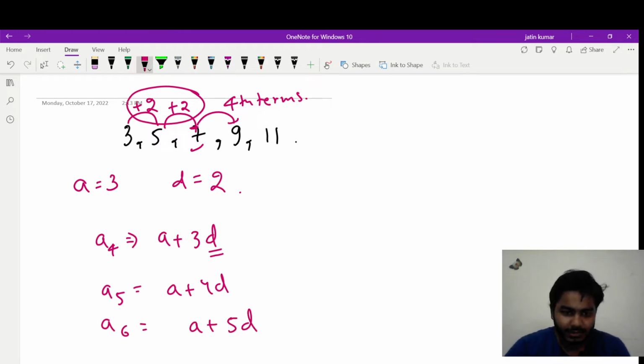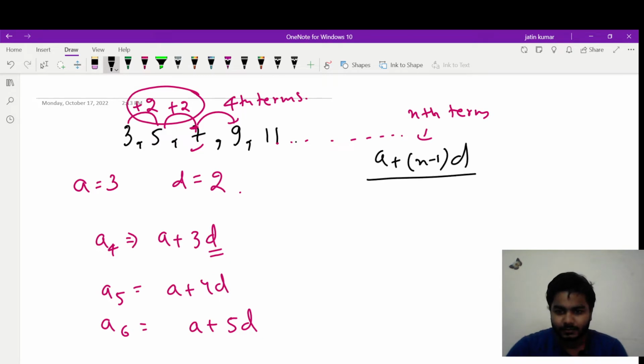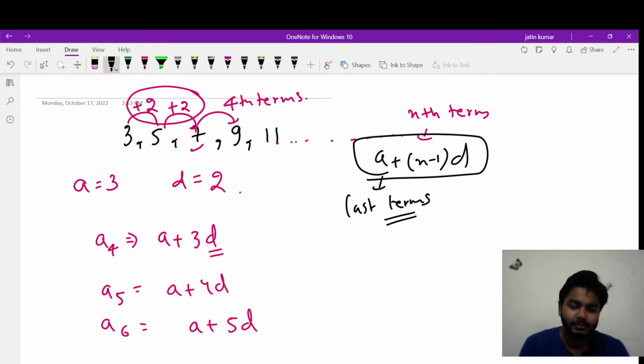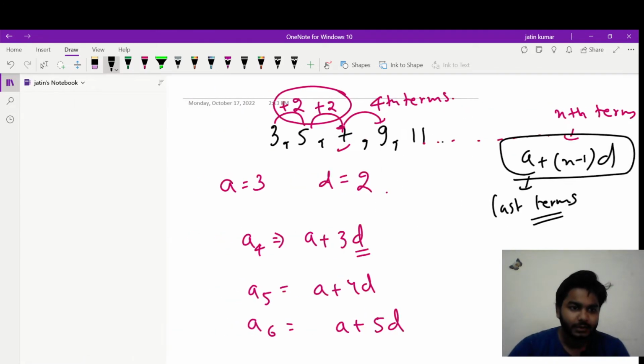Now suppose this AP goes till the nth term, so what will be the nth term? The nth term will be a plus n minus 1 into d, because this is the last term and the last term goes till n, and the coefficient of d will be 1 less, so n minus 1 only. So the last term will be a plus n minus 1 into d. I hope you are getting the idea.